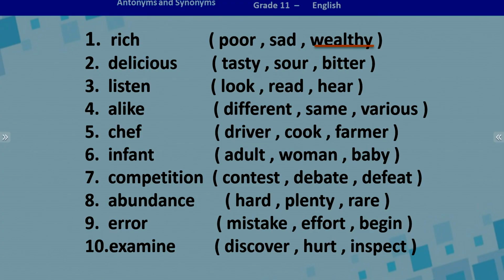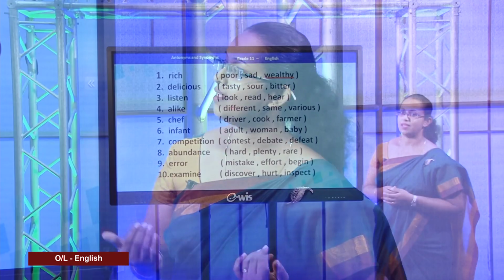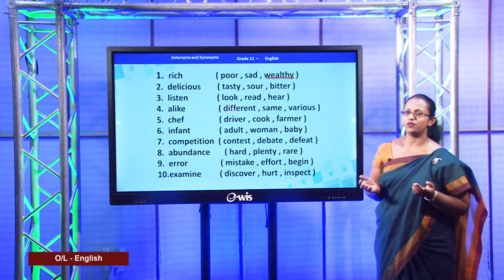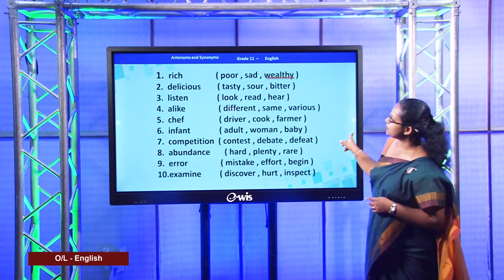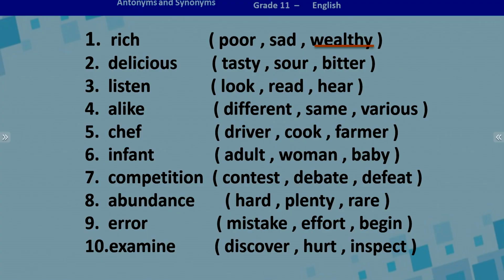The second word, delicious. Do you know the meaning of delicious? Can you remember the food that your mother makes? They are delicious food. So we can tell my mother makes tasty food. So the synonym of delicious is tasty.